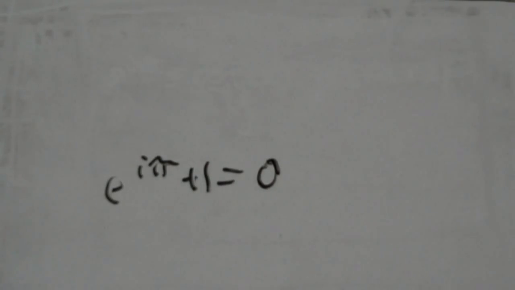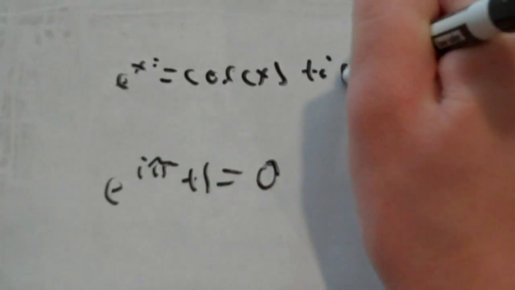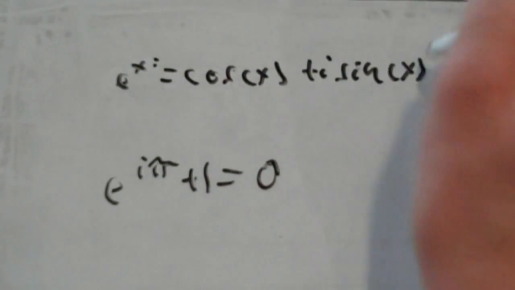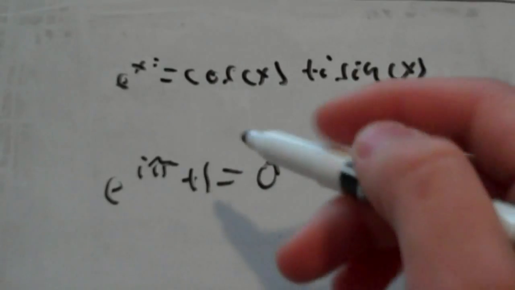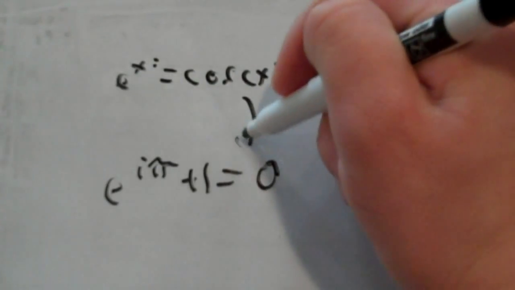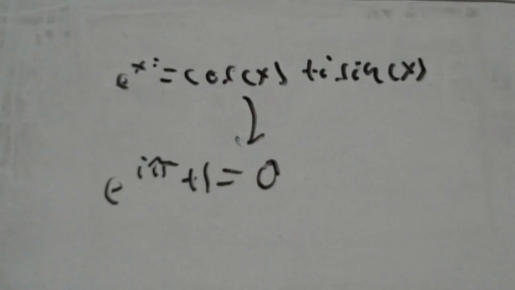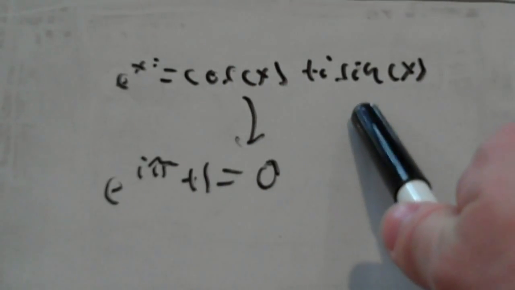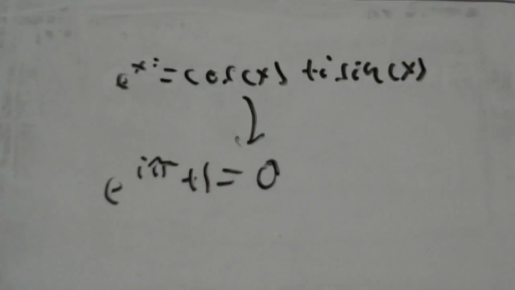Because in the original video, I explained what each of these components are, and I explained how to get from here to here, which I'm now writing down. So yeah, I explained how to get to here from here, but I didn't explain why this is true, because at the time, I didn't know why it was true.